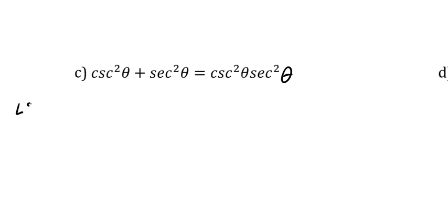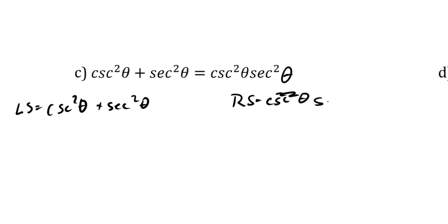Okay, so let's get this started. Left side equals cosecant squared theta times secant squared theta. Which side's more complicated? That's a bit debatable. Probably the side where you're adding in some ways is, but really I'm not sure.